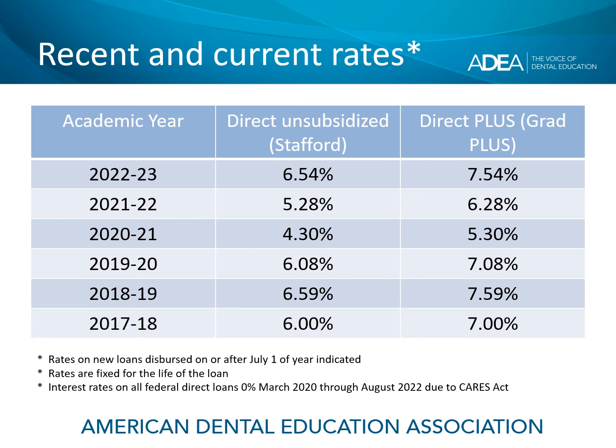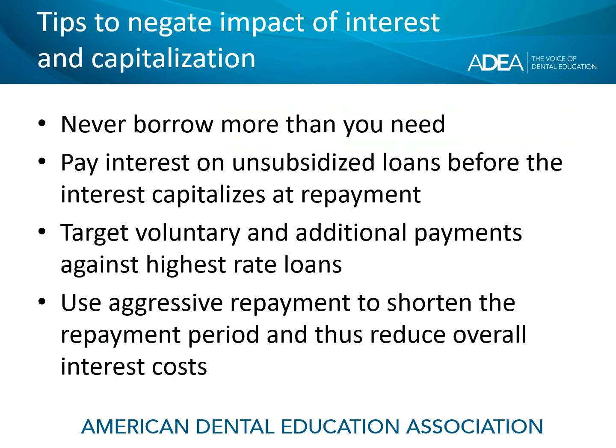Also note that grad plus is always a full point higher than the direct unsub for the same year. Also note that all the interest rates on federally owned loans, including federal direct loans, are 0 from March 2020 currently through August 2022 due to the CARES Act.